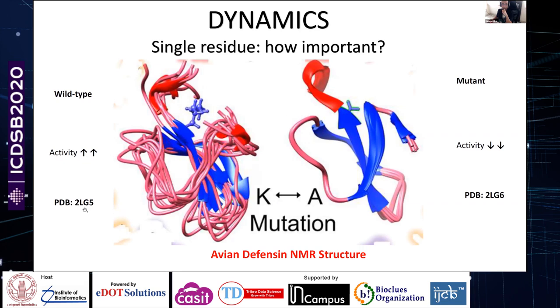It's available in the PDB database as 2LG5, and there's only one single mutation from lysine to alanine, and you can see that the fluctuation has entirely stopped, and the activity is almost gone.